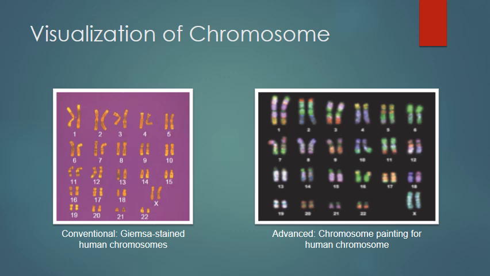The most advanced technique used in cytogenetics today is called chromosome painting, the right side figure. With this technique, colorful chromosome images are created by treating chromosome spreads with fluorescently labeled DNA fragments that have been isolated and characterized in the laboratory. Such a fragment may, for instance, come from a particular gene.